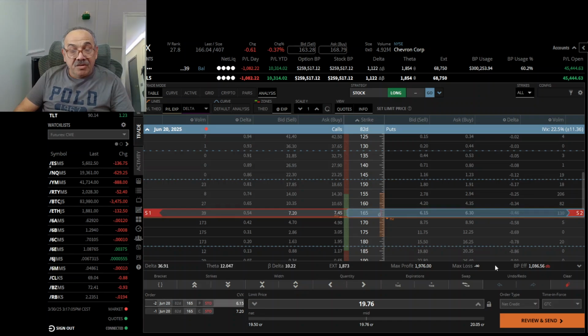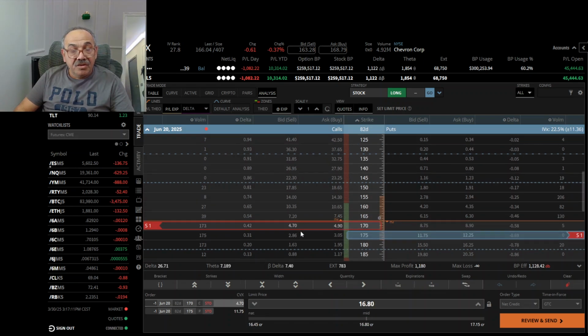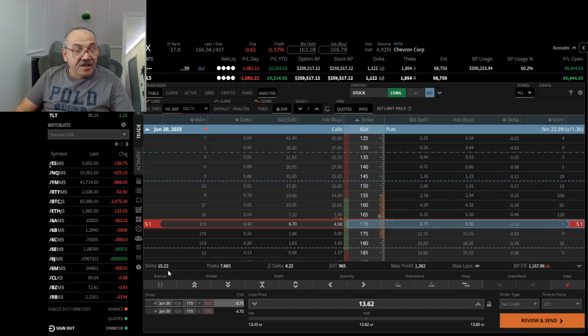Let's try to do it. Let's say that we'll move it to 170. In this case, we will get additional 15 positive delta. Still buying power, we have to increase it by 1,000, unfortunately, because it's a pretty expensive stock.